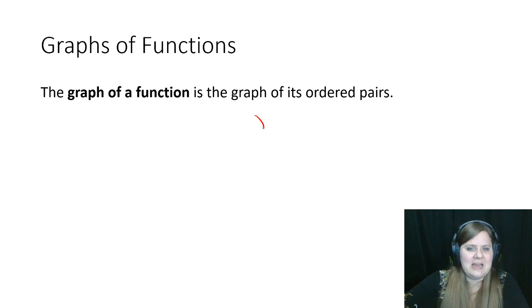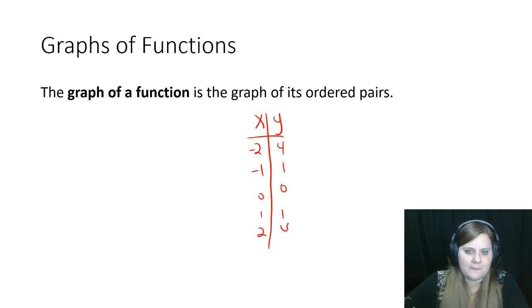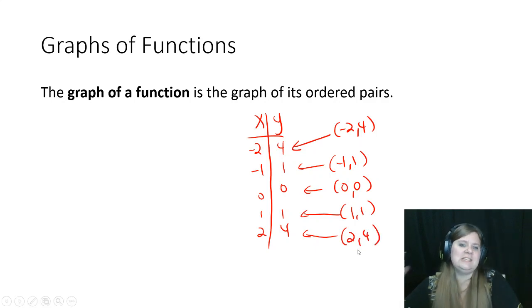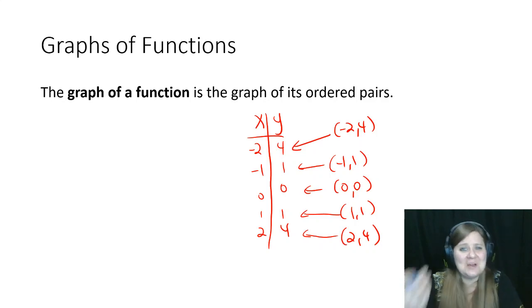So if I had a t-chart that looked like this, it is saying the point -2, 4, the point -1, 1, the point 0, 0, the point 1, 1, and the point 2, 4. So note that the t-chart is just a table of values that go with your ordered pairs.